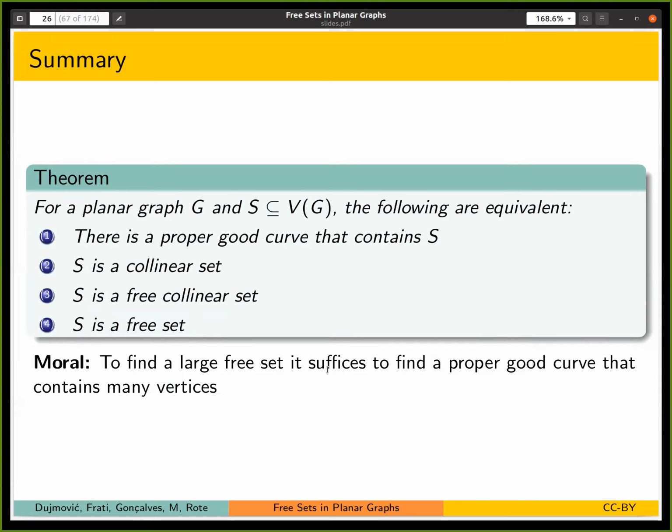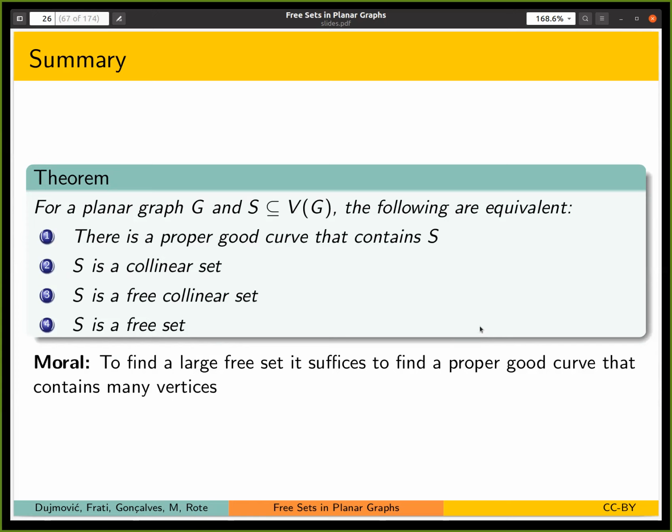So the moral of all this is, if I want to find a large free set, which seems like a very flexible set of vertices in a planar graph, it's enough for me to find a proper good curve that contains that set. So take your favorite embedding of the graph and then find a proper good curve in that embedding that contains that set, which is really a combinatorial problem now.